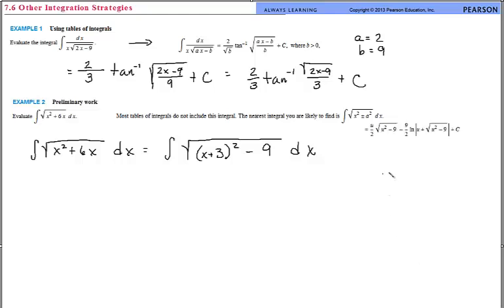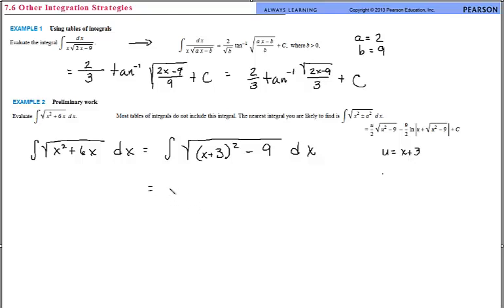Now this is what I'm shooting for, where in my particular case my u is x plus 3 and my a happens to be this 3. But that's already been plugged in for me, so I'm good.